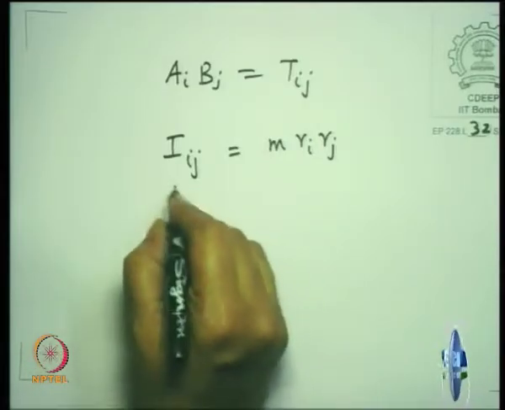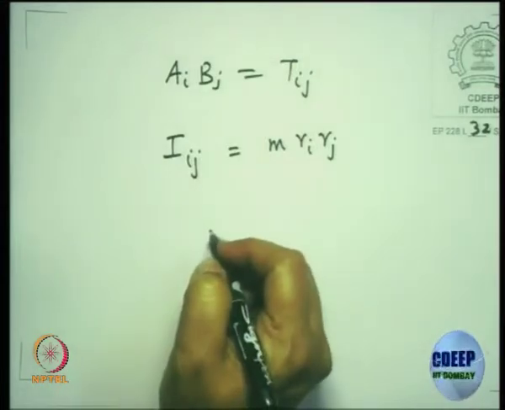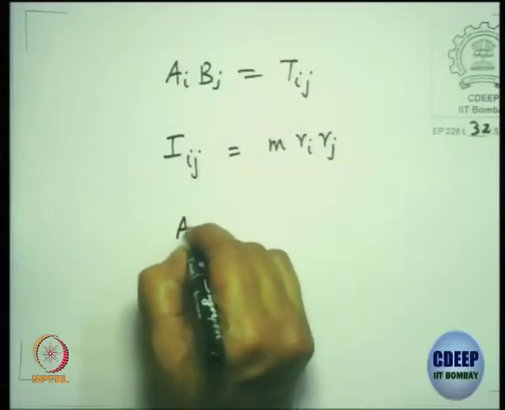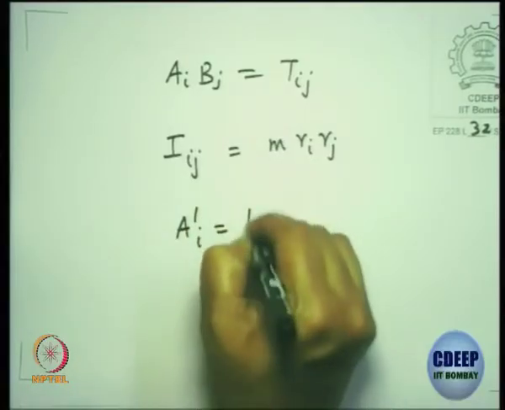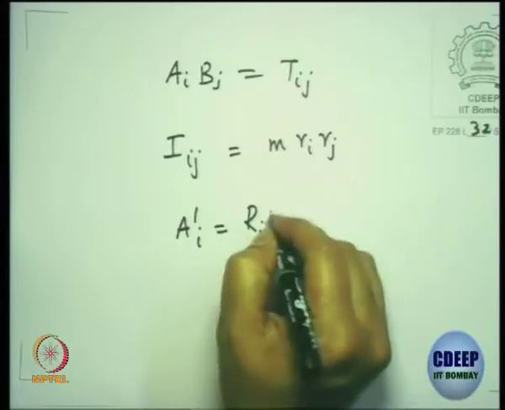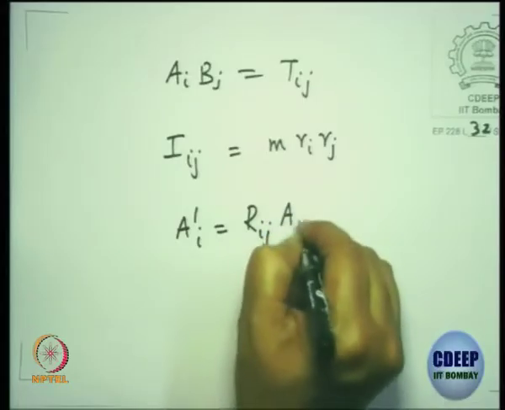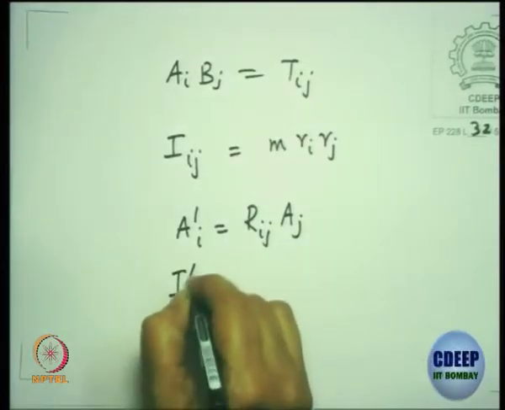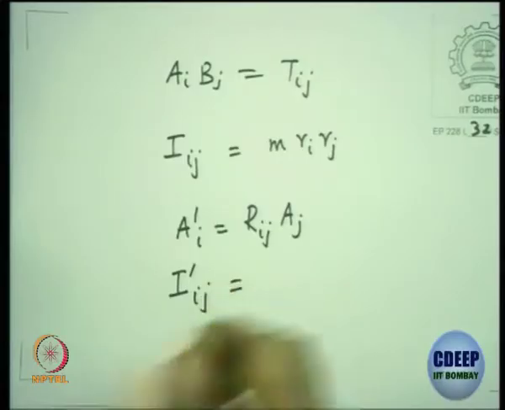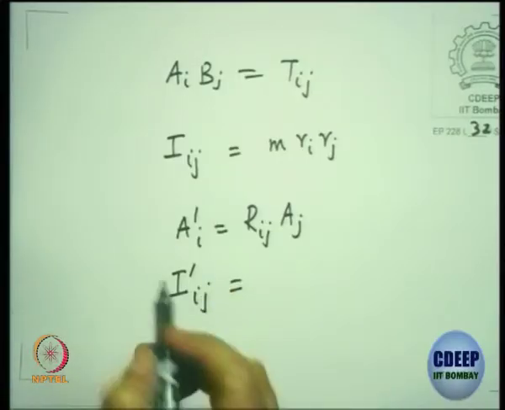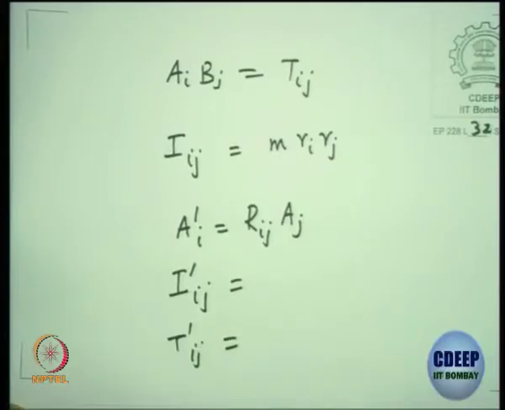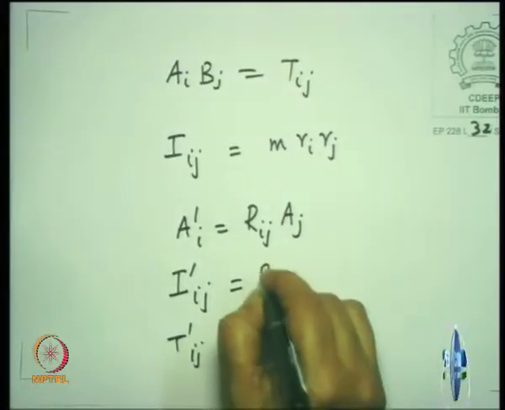When I do a rotation on a two indexed object, when I do a rotation on a one indexed object, I will get A prime i to be Rij, it's a rotation matrix, times Aj. When I do it on I prime ij, or let's even take T prime ij, under rotation what happens?